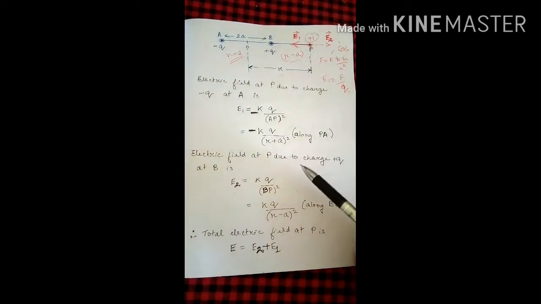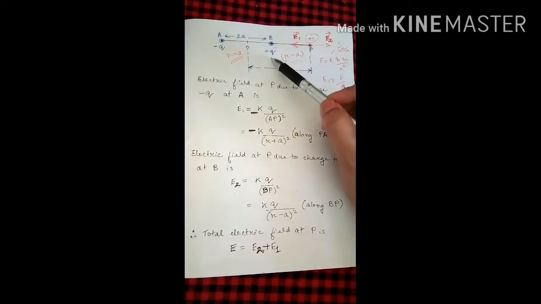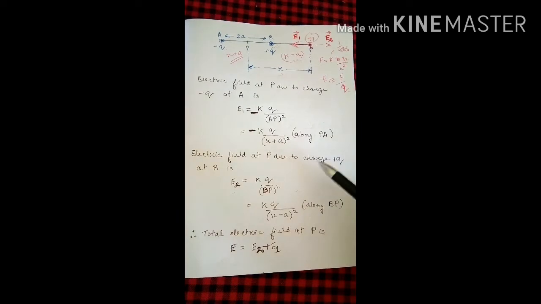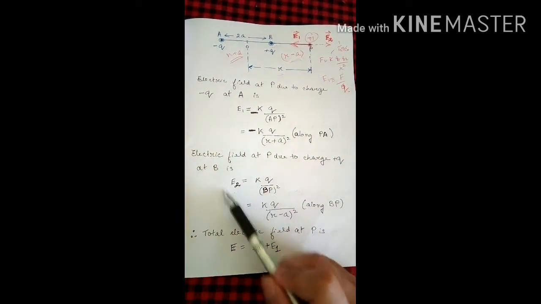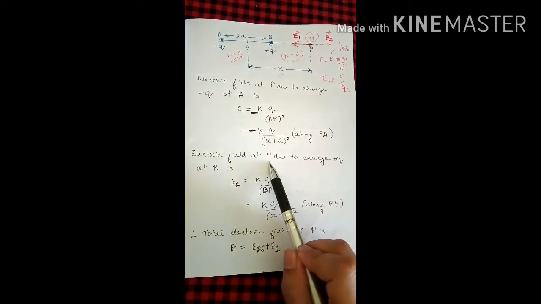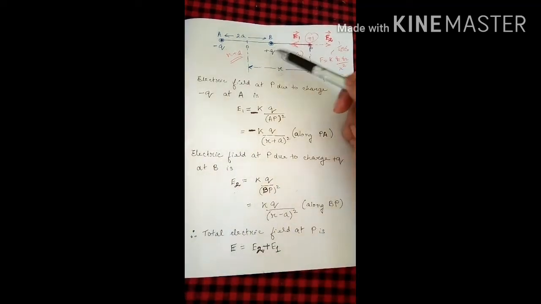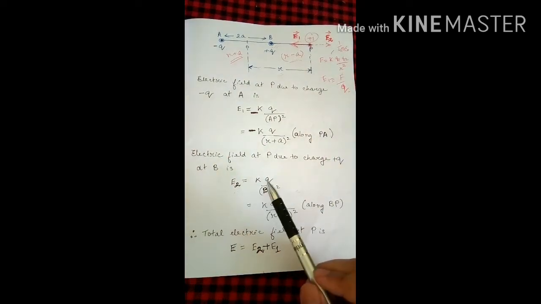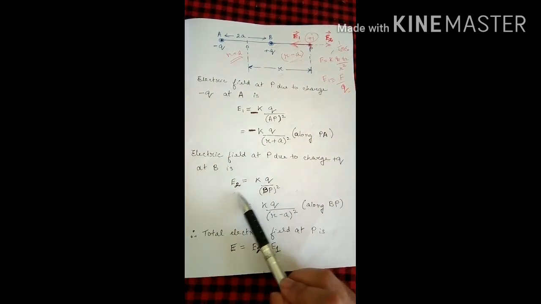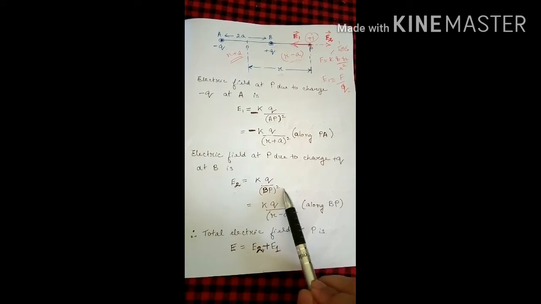Similarly, we can calculate the electric field intensity at the point P due to the plus Q charge, which is at the point B. For this, we have written the electric field intensity at this point to be E2. This is the electric field intensity at the point P due to the charge plus Q, which is at the point B. So we have to use the same formula, E2 equal to KQ divided by the distance square.